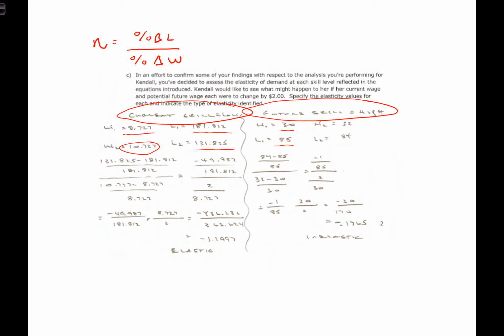At any rate, we then see on the other side that going from $30 to $32 decreased the labor demand from L1 of 85 to L2 of 84. So I just went ahead and motivated these equations in the normal way. I won't do both of them for you here.